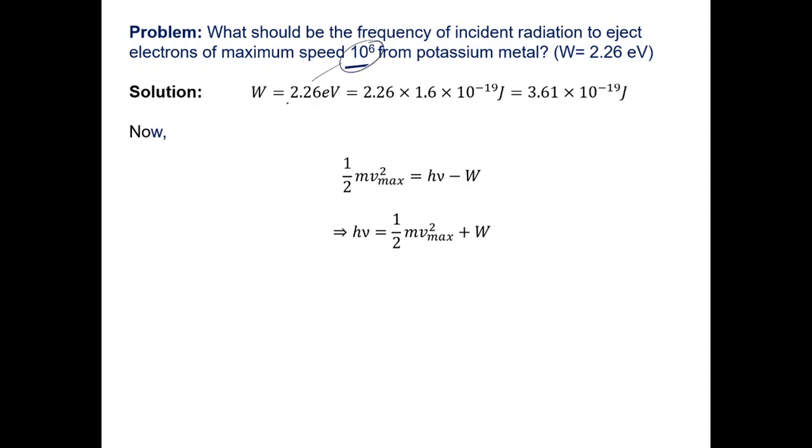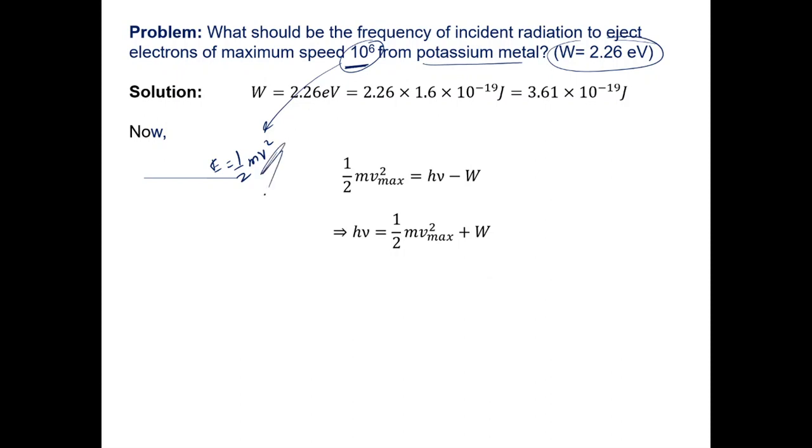We all know that from speed we can calculate the energy, which is half mv square. For potassium metal the work function is known, which is 2.26 electron volt, and all you have to find is the frequency of the incident radiation so that you get this kind of speed.